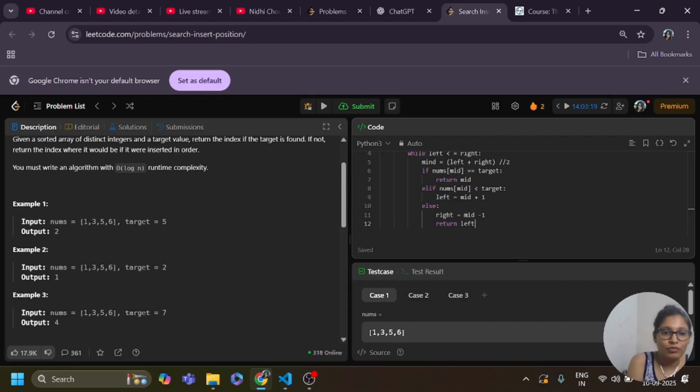So that's why here you can see 7 is not in the list, so we need to return the left index for 7. If 7 is present there, it would be at index 4. Sorry for my English, I am weak in English.